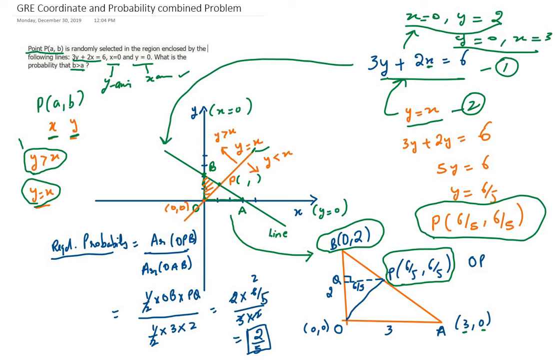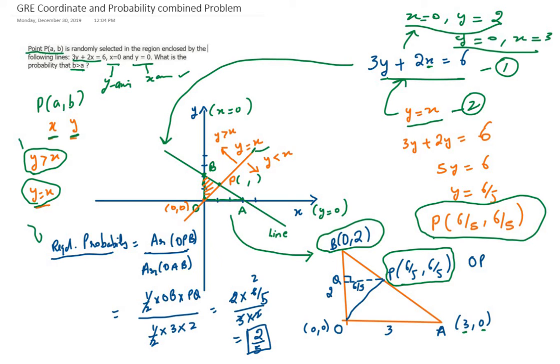Now the situation is quite clear how we reached this diagram and how we have used the equations to draw the lines and find different points. This is all coordinate geometry. Now we require to find the probability.